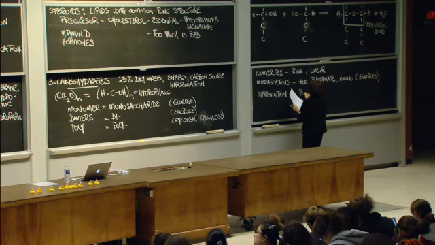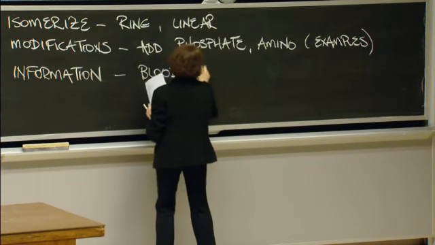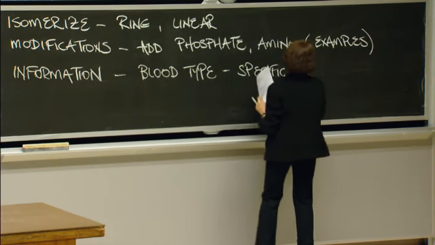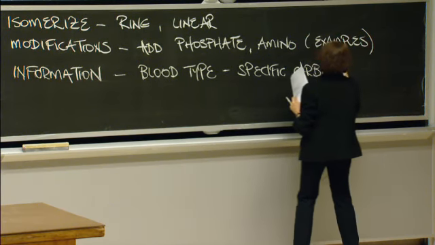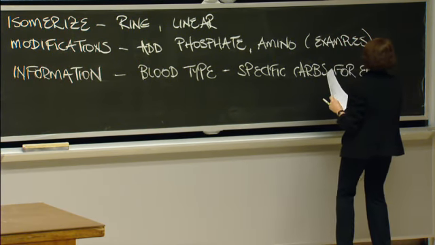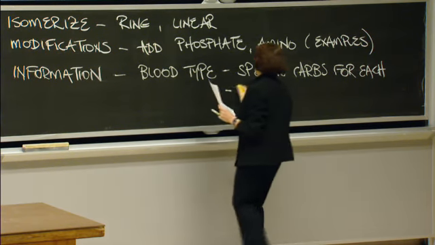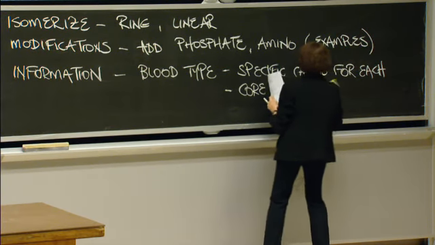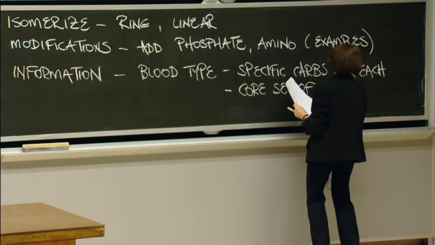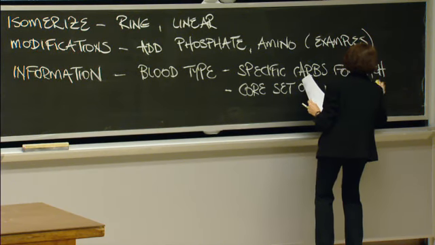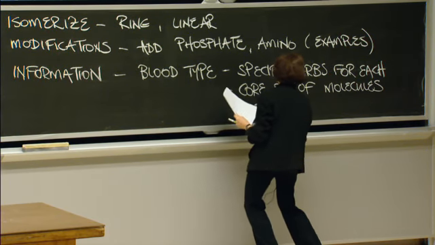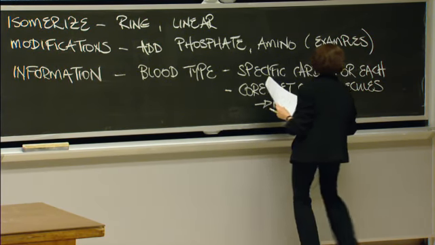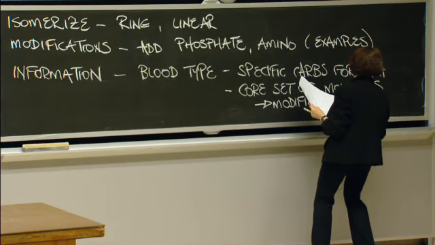So for blood type, there are specific carbohydrates for each. But there is the same core set of molecules, which is then modified to give you the different blood groups, the 4 blood groups.